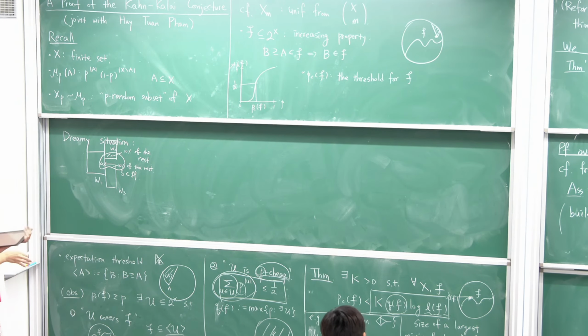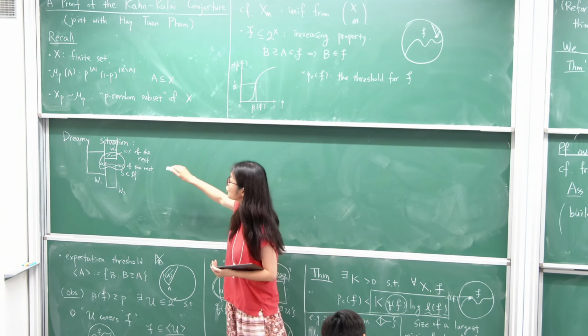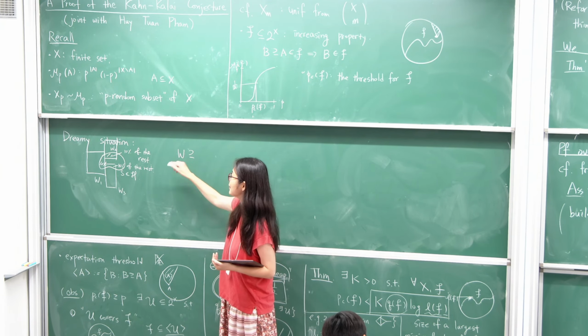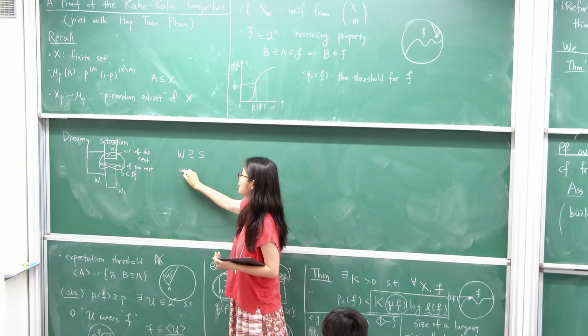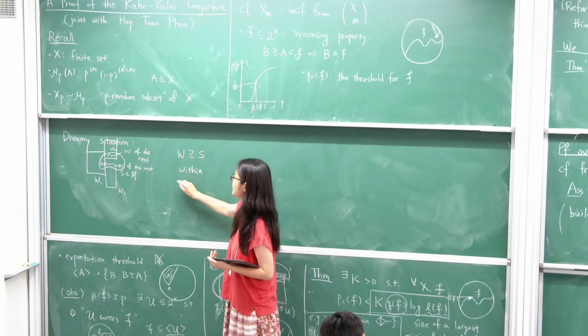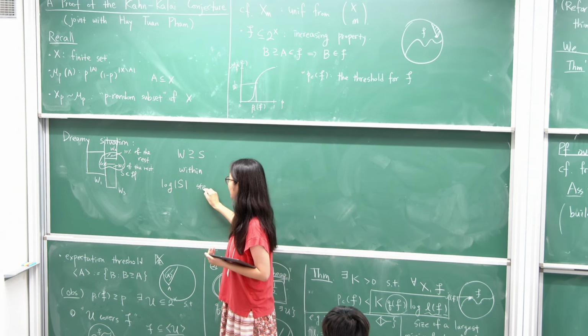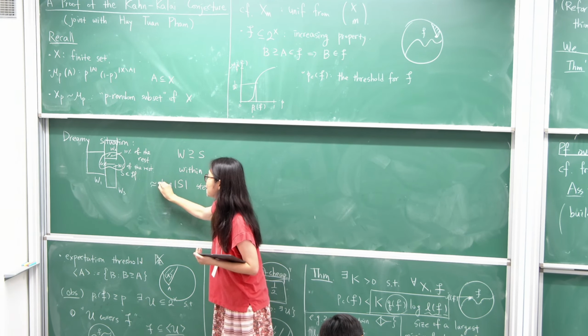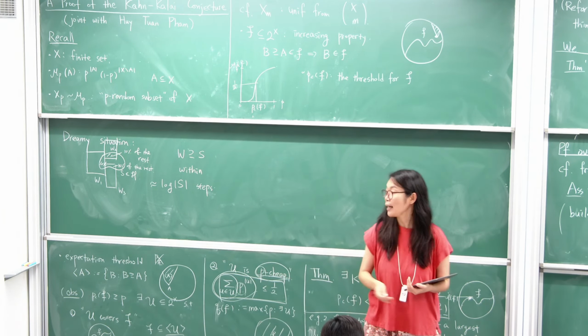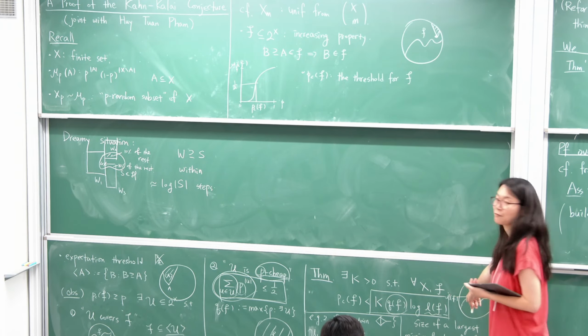If this dreamy situation really happens, then how many iterations do we need to contain S completely at the end? If this really happens, then W contains S within log of size of S steps. Maybe there's some constant factor. And this is where log L comes from.